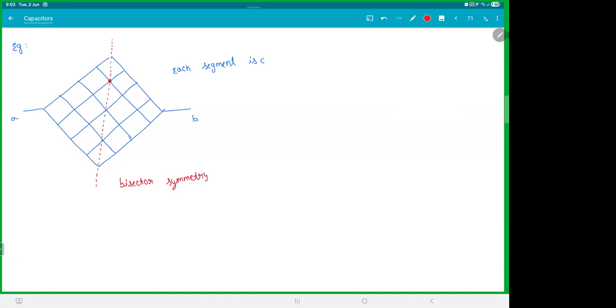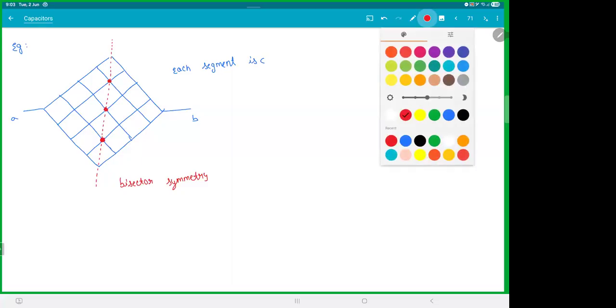That means all these nodes which you have here can be opened up. These are the nodes which you can open up. So the circuit will look like this, everyone.